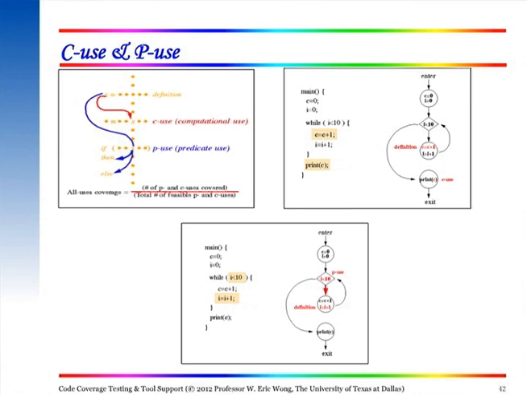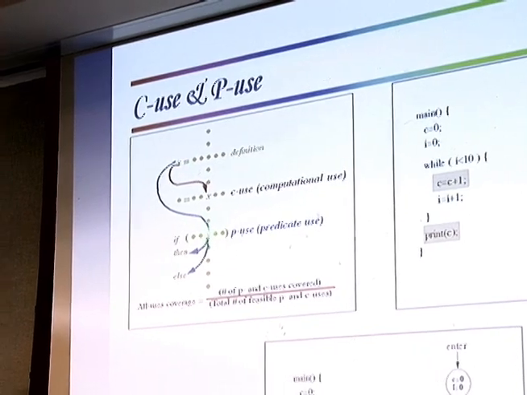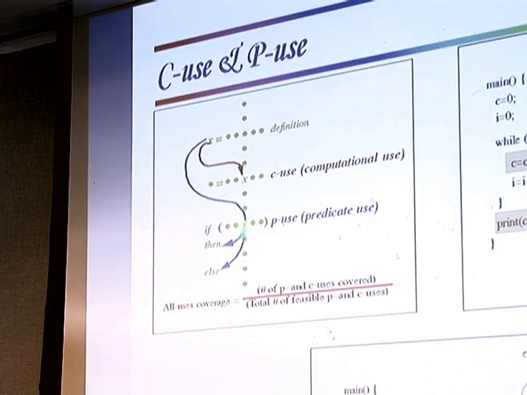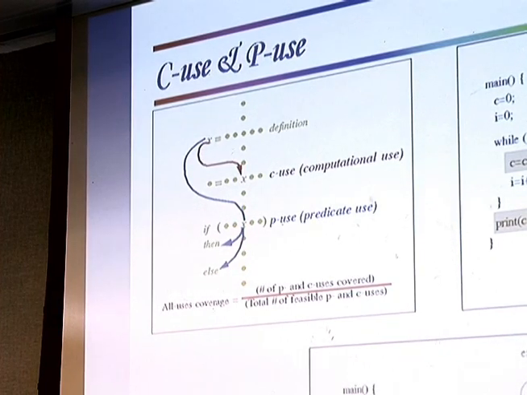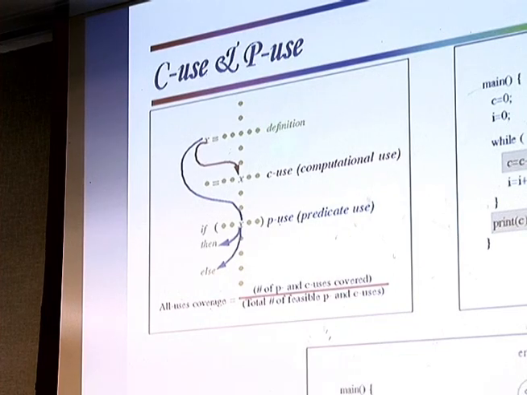Look at the blue curve. You have a definition here, you have a use in a predicate, and then whether it's evaluated to true or false. So you have definition, use, true; definition, use, false. That's P-use. So far so good? How about C-use?